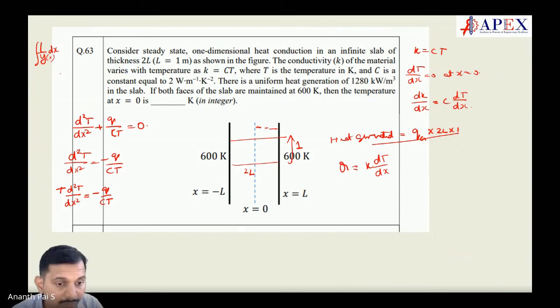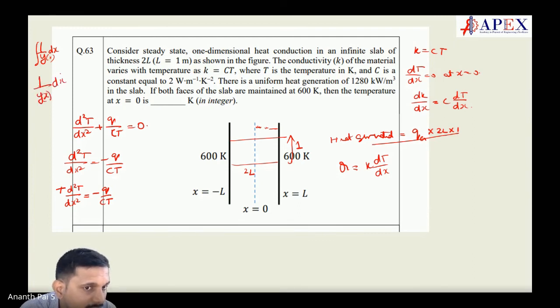No, K will vary with the temperature because T is a function of x. If that was there, I could have done integration here. That's what I was worried about. 1 by y of x dx.